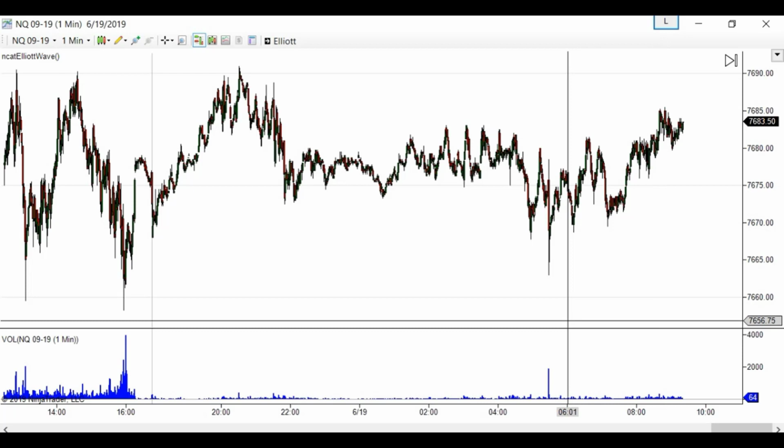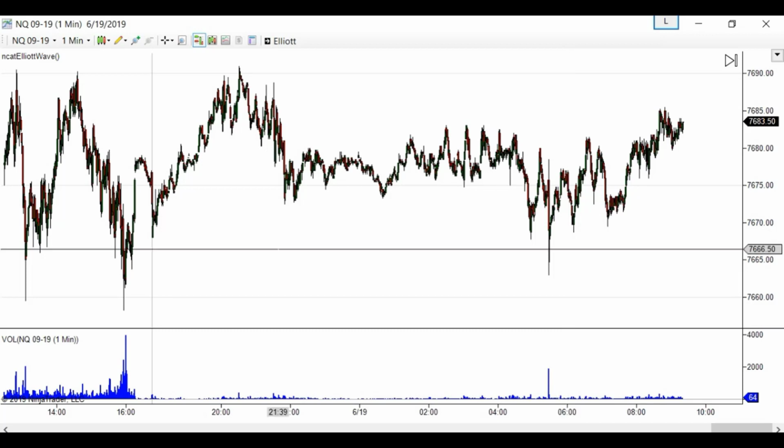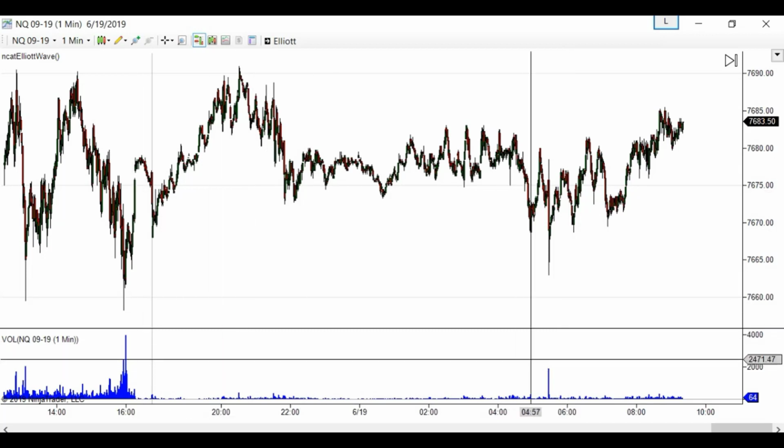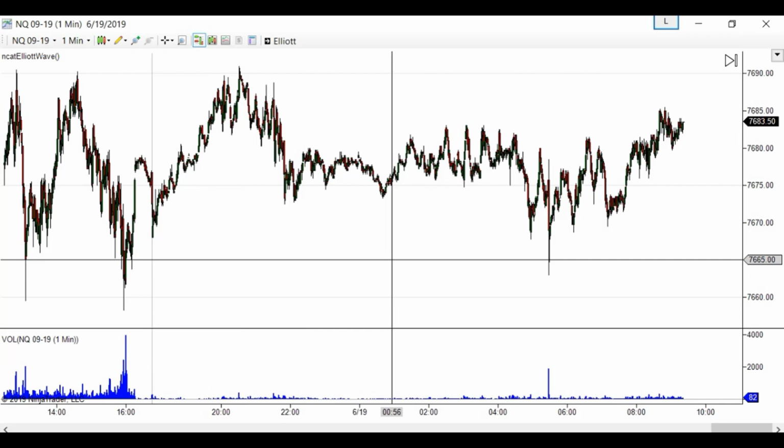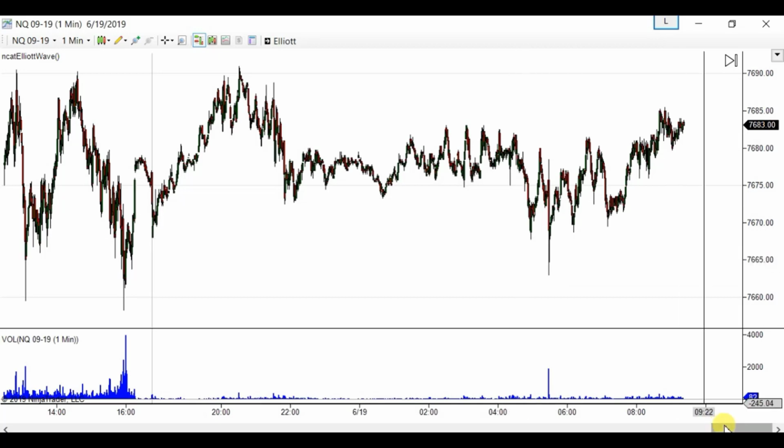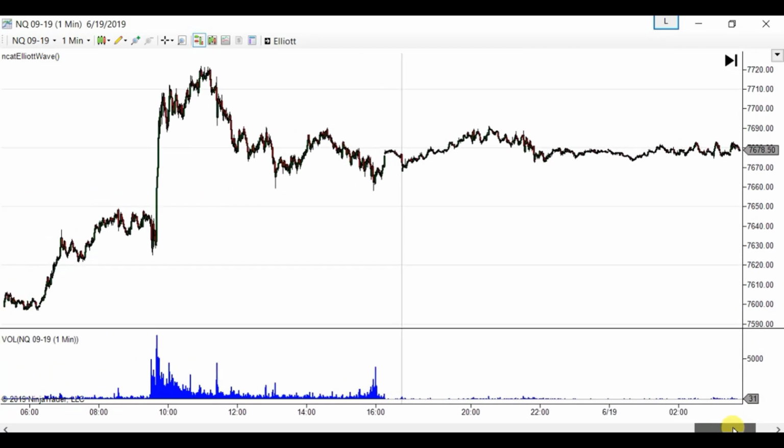That's as far as I can go with this, but you should be able to look at a chart. Now you see, all I have here is a simple volume indicator. I don't have a whole bunch of lines and percentages and indicators on the chart. Take a look at this chart and compare it to, let's say, yesterday.